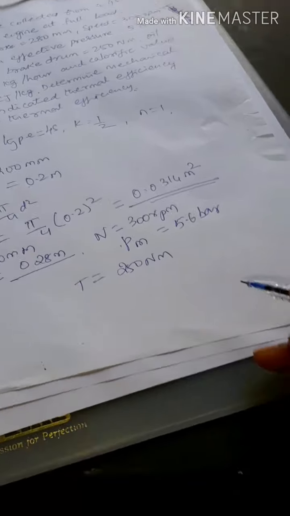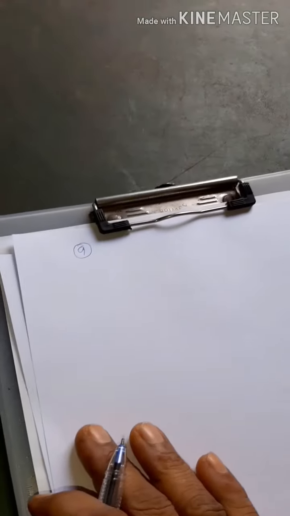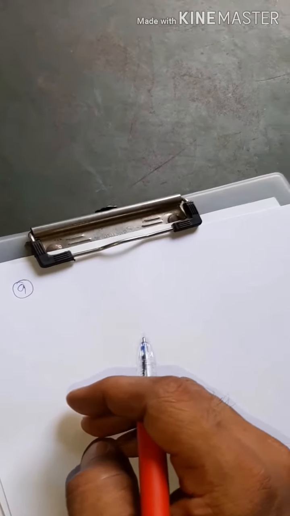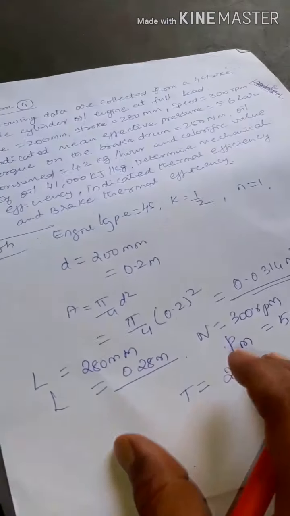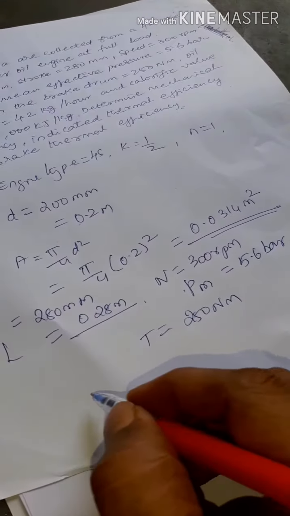So now we have to find out the mechanical efficiency. Next, again he has given oil consumed. You can write MF. So oil consumed MF is given.